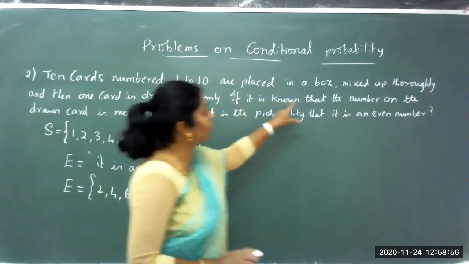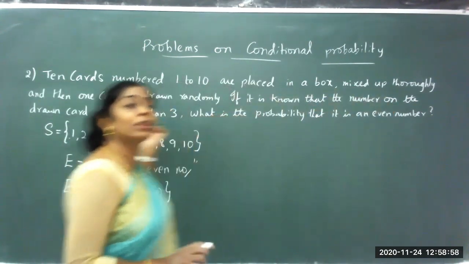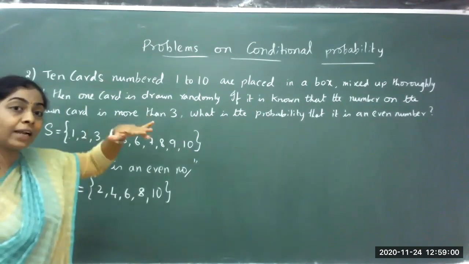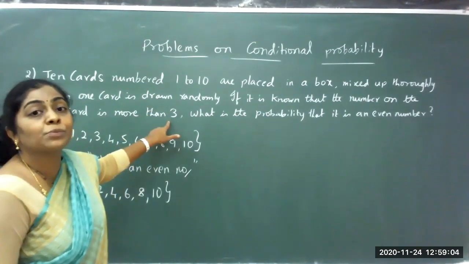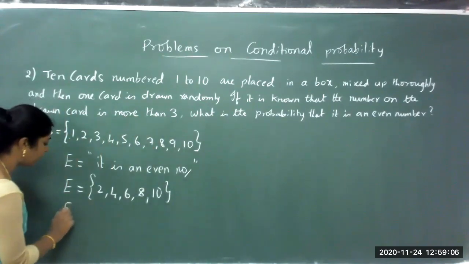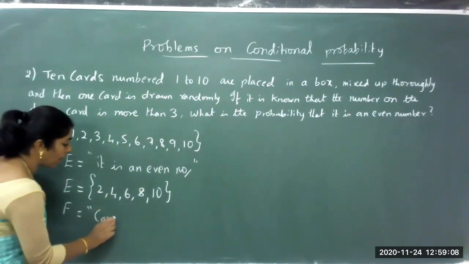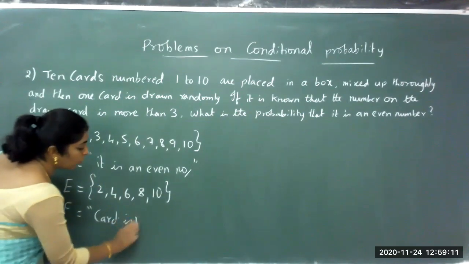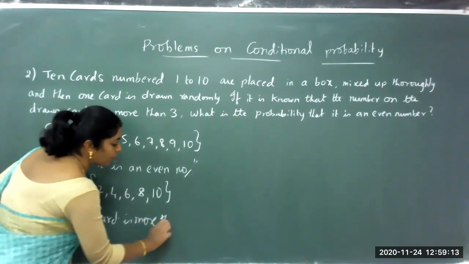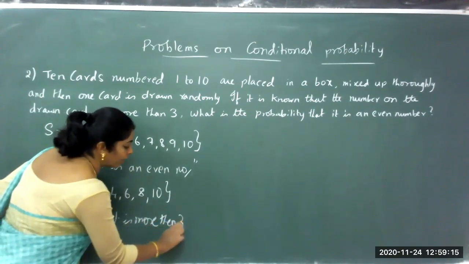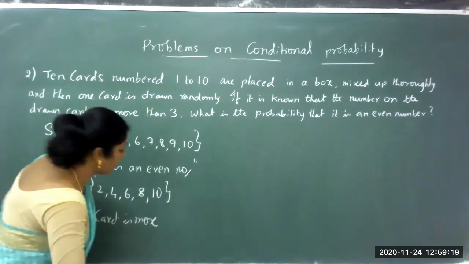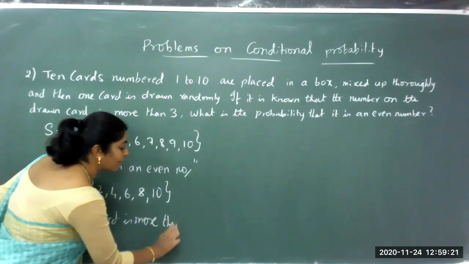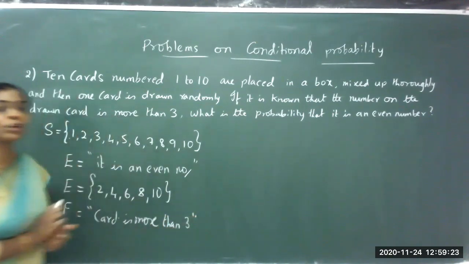Given the other condition, what is the F condition? The card drawn is more than 3. So event F is that the card is more than 3. When I take more than 3, what are the possible cases? That is the event which has already occurred.